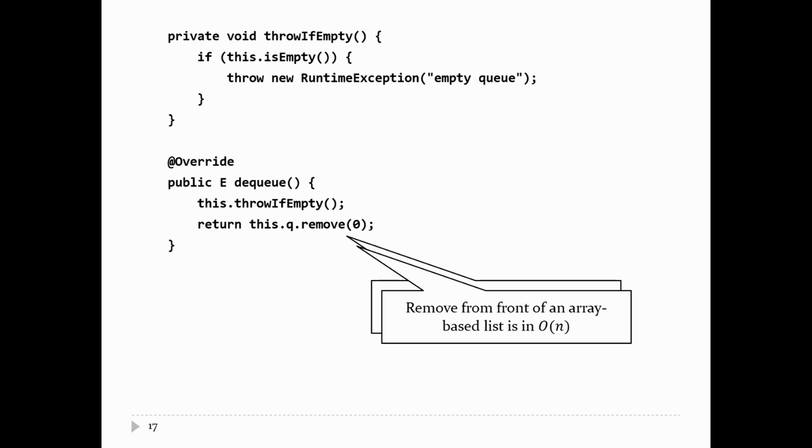Now the problem with this implementation is that when you remove the first element from an array-based list, you end up with complexity big O-N. Because in an array-based list, when you remove the first element, you have to move all of the remaining elements forward one position in the array. So that's not good if you need a fast queue.